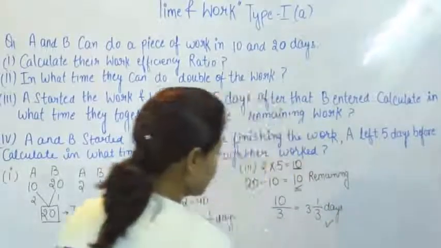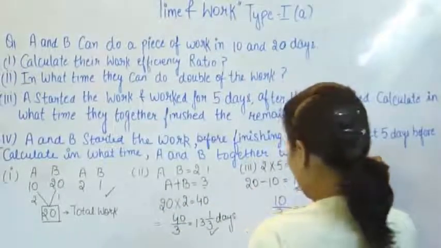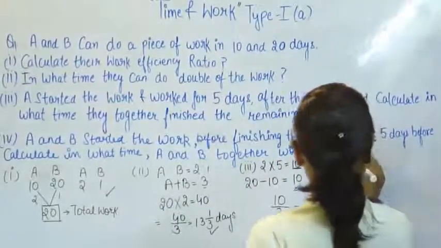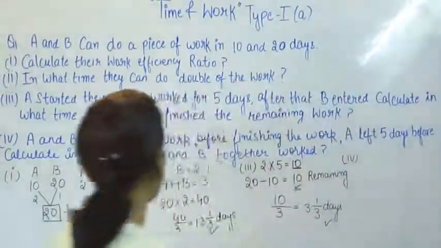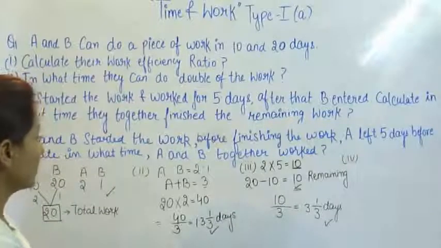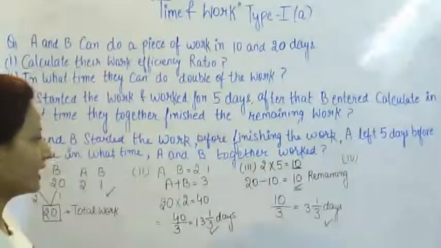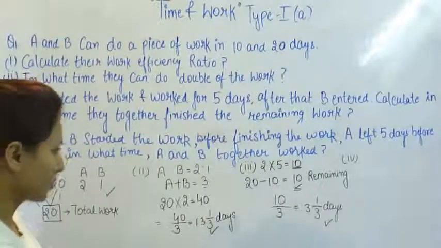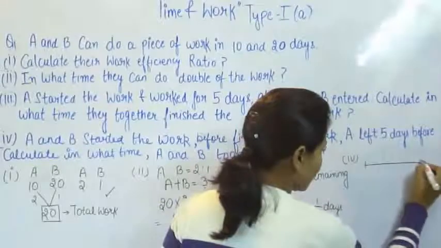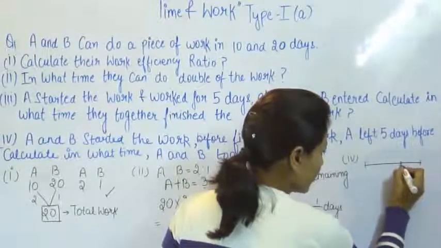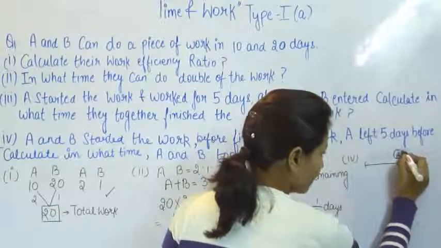Right? Now fourth question is: A and B started the work. Before finishing the work, A left 5 days before. Right? It means, let's see, this is the work, and 5 days before, A left the work.